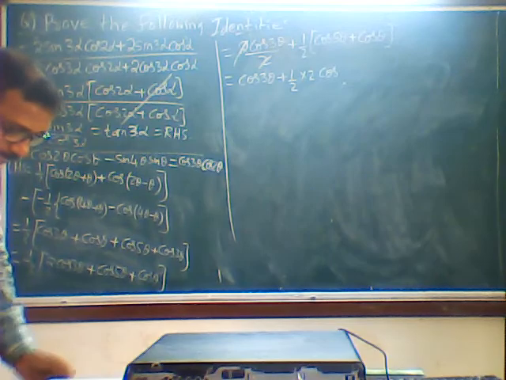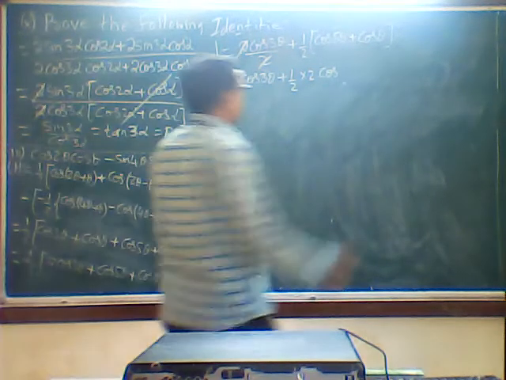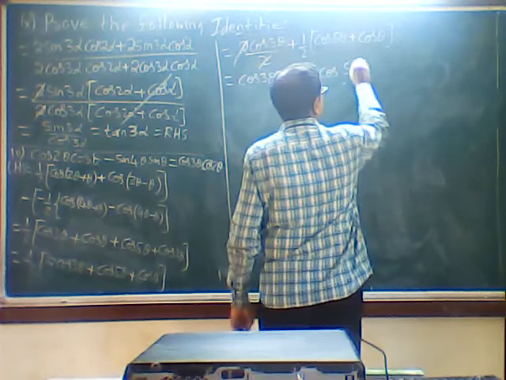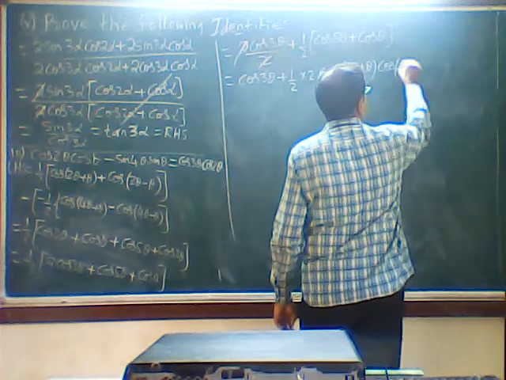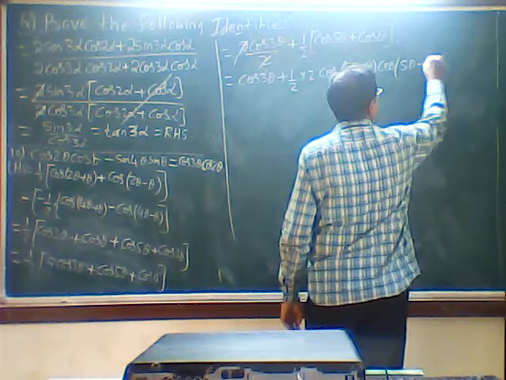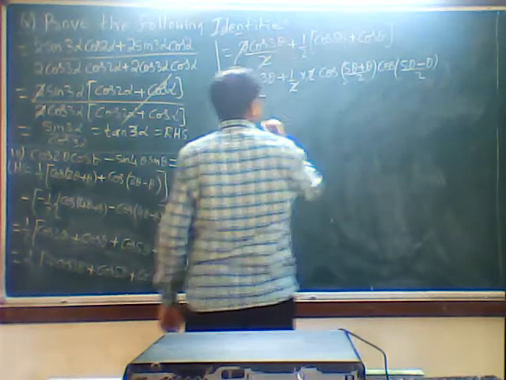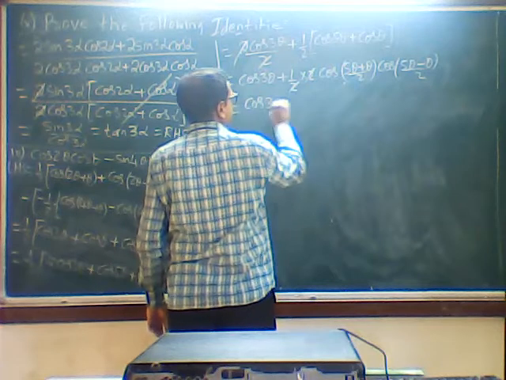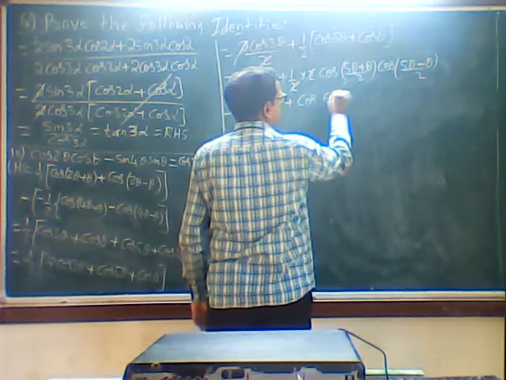Yes. cos C plus cos D is 2 times cos of (C plus D) by 2 into cos of (C minus D) by 2. We'll see what happens. This cancels.